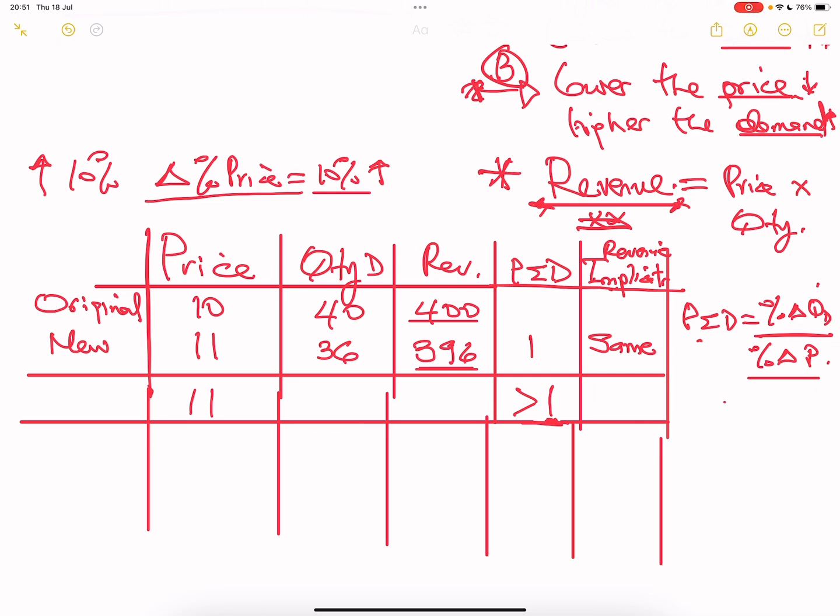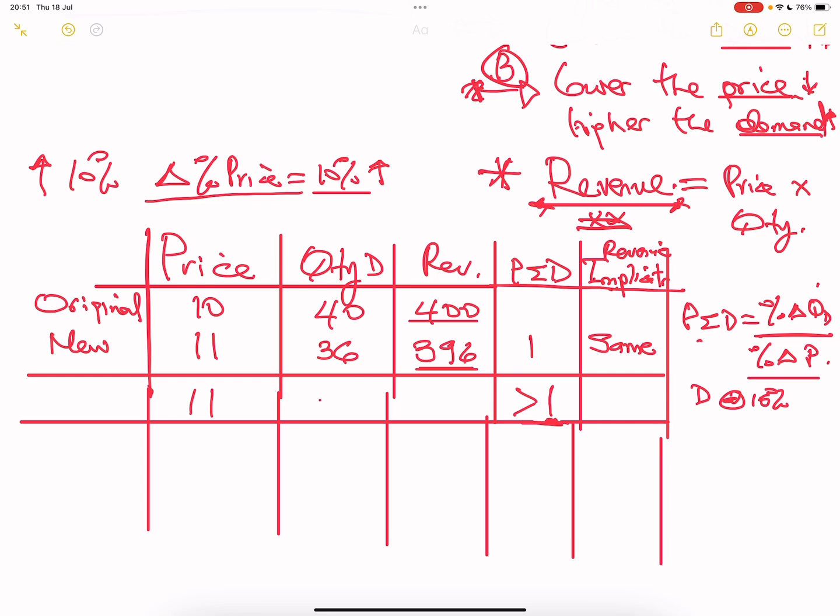So at 15%, demand changes by 15%, which means the new quantity demanded will reduce by 15%, and that quantity will be, say, 34.